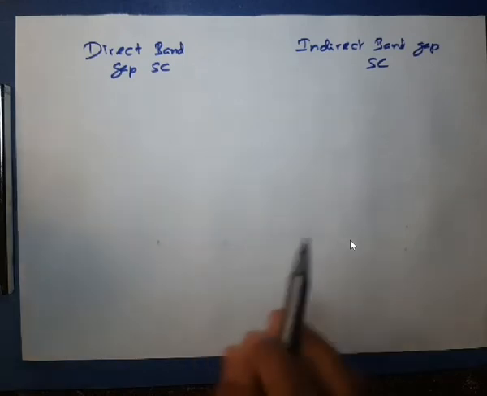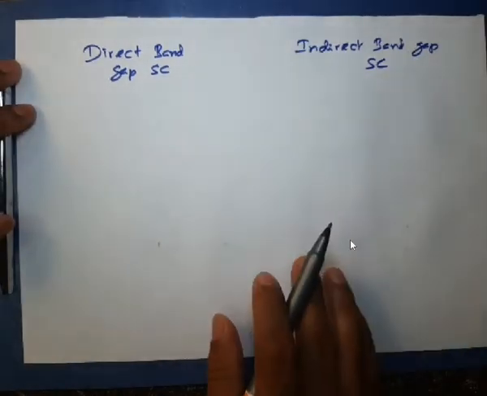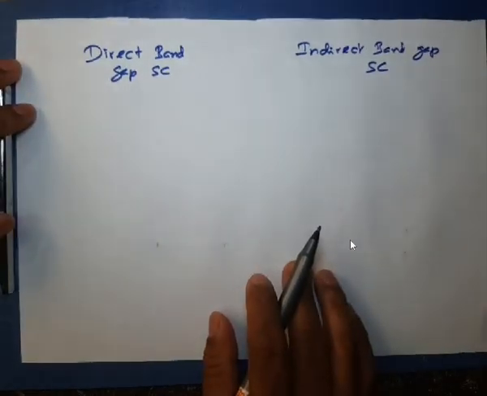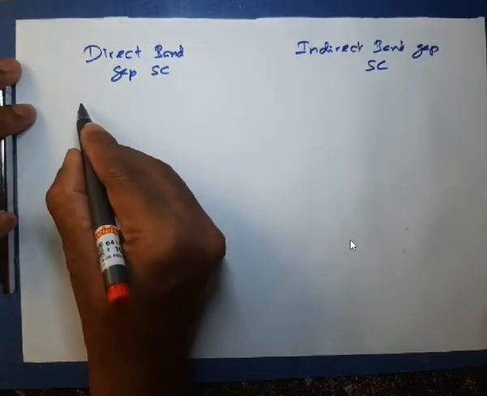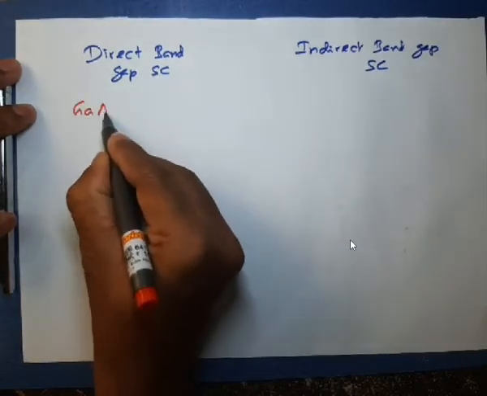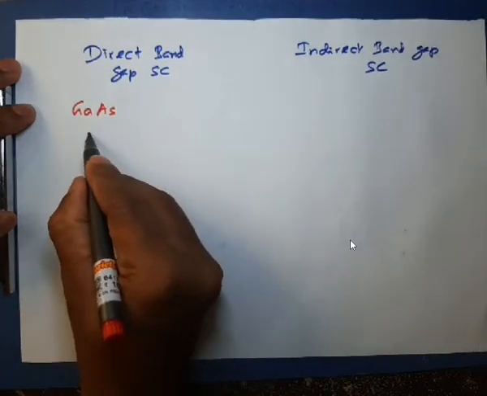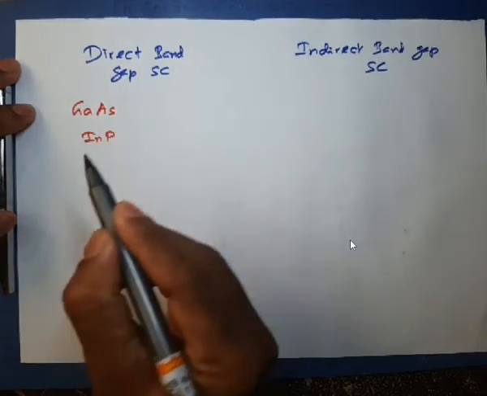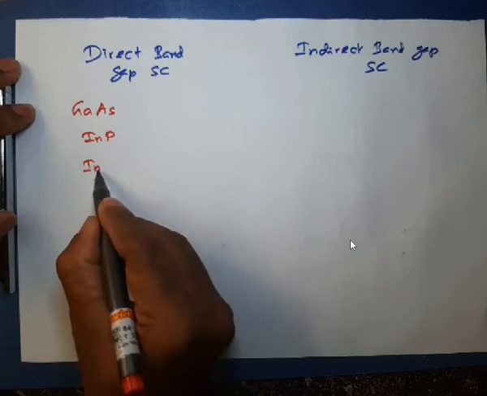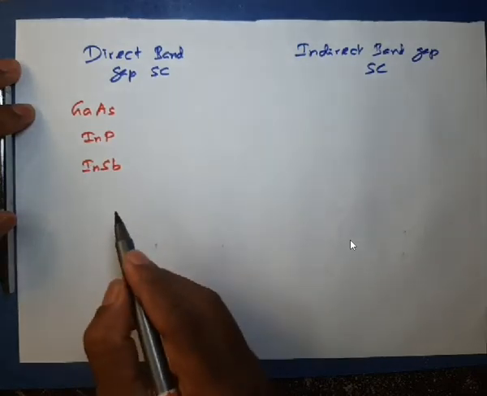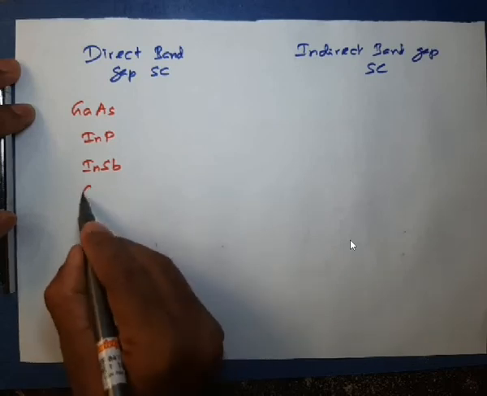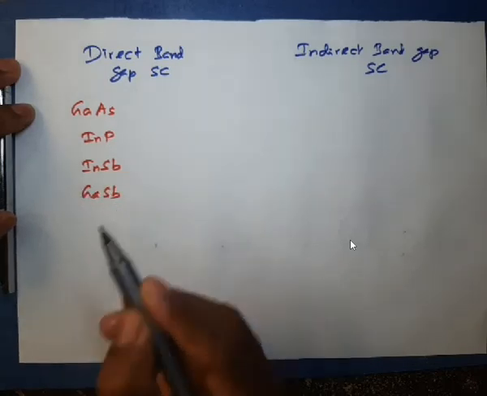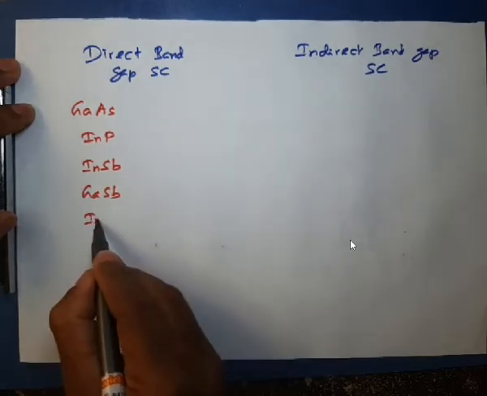So we have direct band gap semiconductors and indirect band gap semiconductors. I'll give examples for direct band gap semiconductors: gallium arsenide, indium phosphide, indium antimonide, then gallium antimonide, and indium nitride.